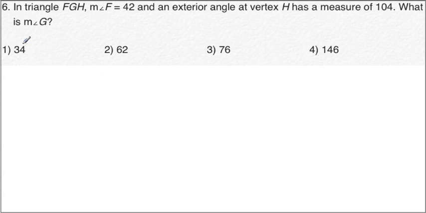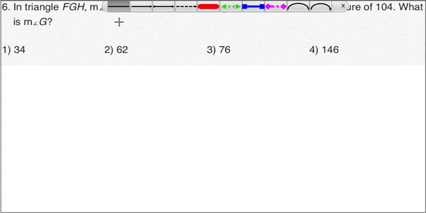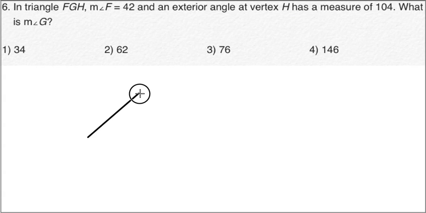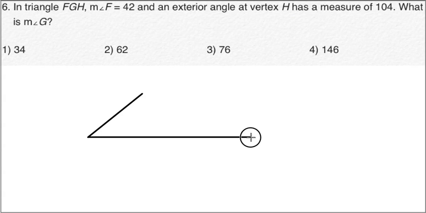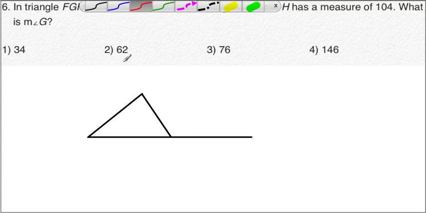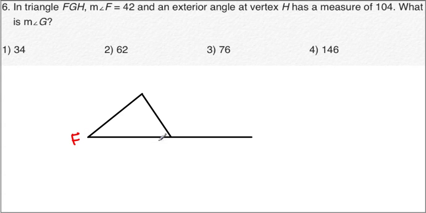Number 6. In a triangle, the measure of angle F is 42 degrees, and an exterior angle at vertex H measures 104. So let's try to draw a triangle here. I'm going to assume that this is F and this is H. The exterior angle was 104, and the measure of angle F is 42, and I'm going to call this one x.